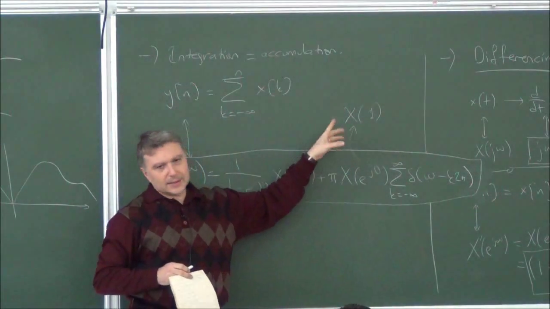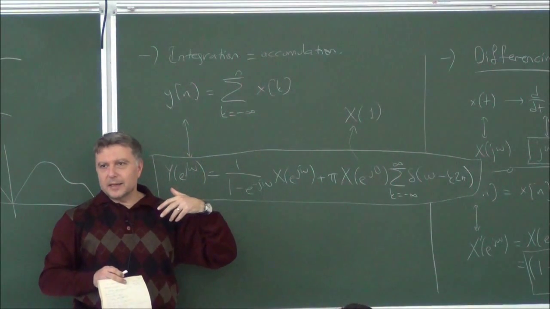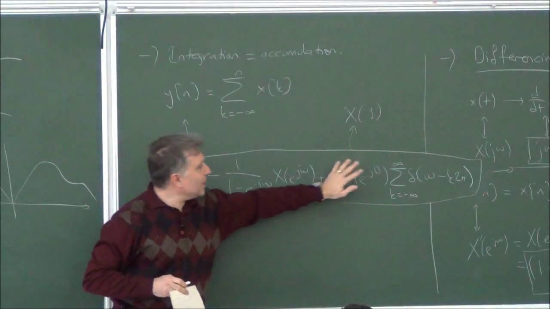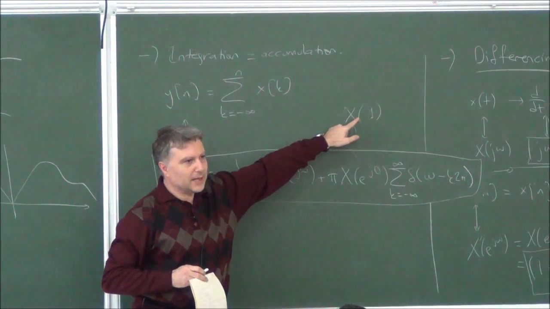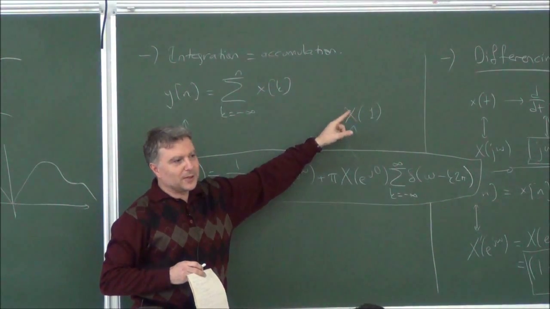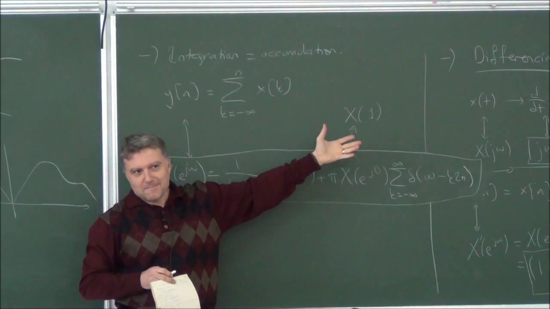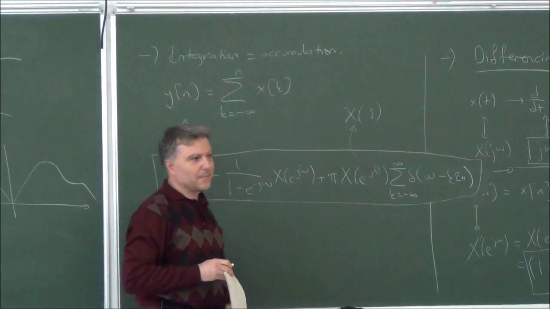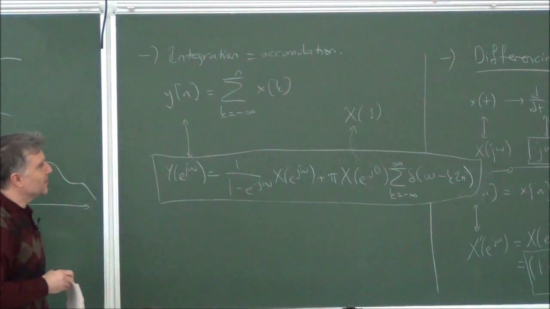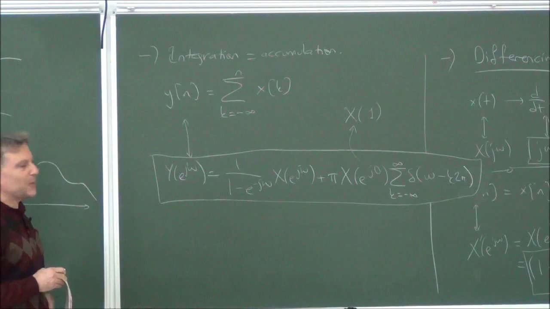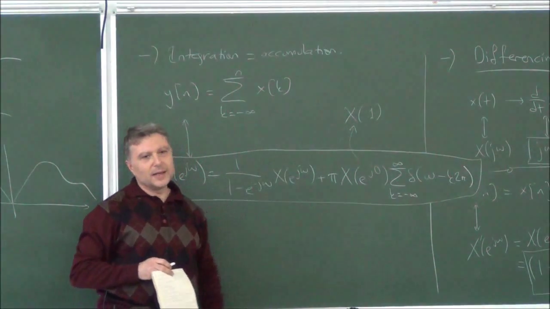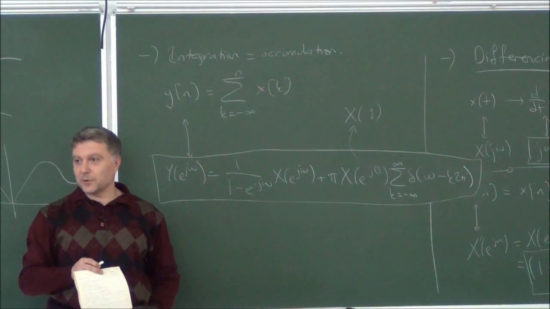But when you see it like this, or if I explain it without writing like this, if I only write it like this, it's very difficult to understand that it corresponds to omega is equal to 0. But it is. So don't get confused when you see capital X of 1 in discrete time Fourier transform expressions.